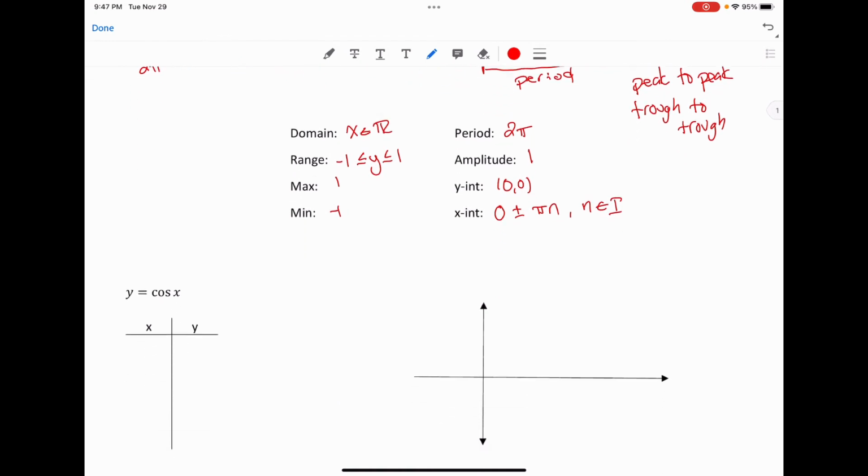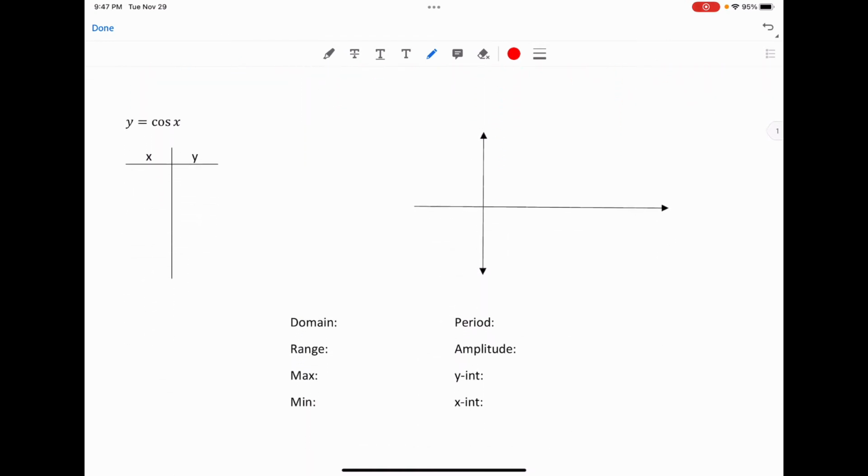For our cosine wave, we're going to do the same thing. We pick the same x values: 0, pi over 2, pi, 3 pi over 2, and 2 pi. But this time, if you recall, cos theta was equal to x. So for our quadrantal angles, here x is equal to 1, here x is equal to 0, x was equal to -1 here, and 0.